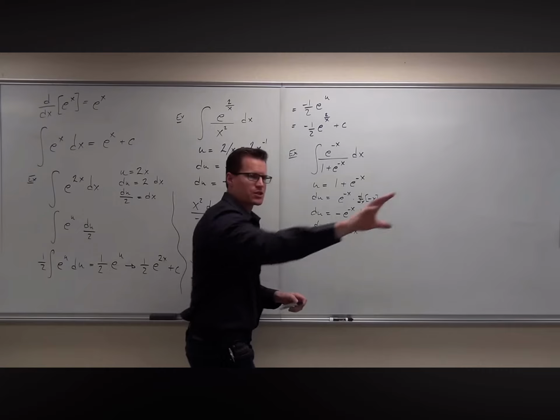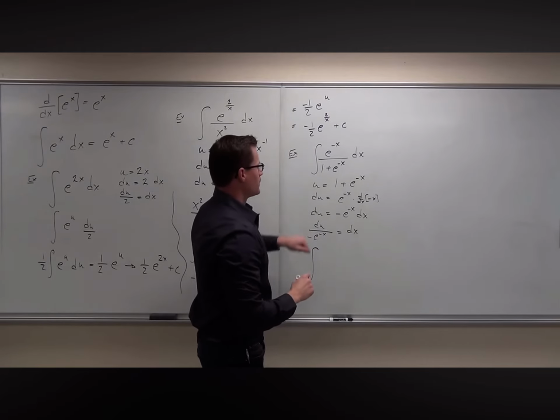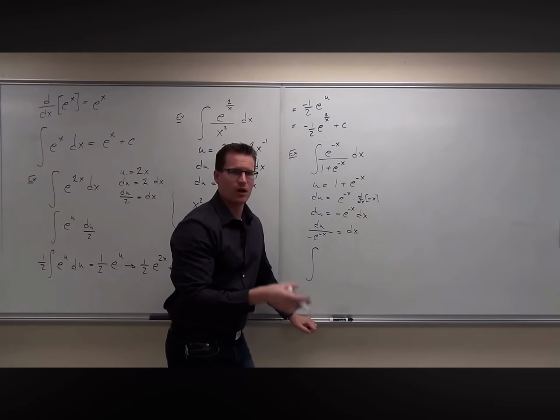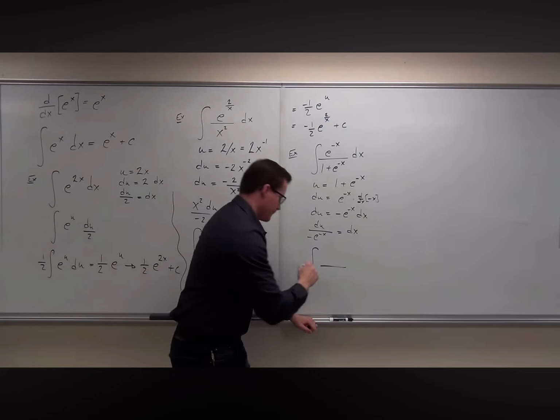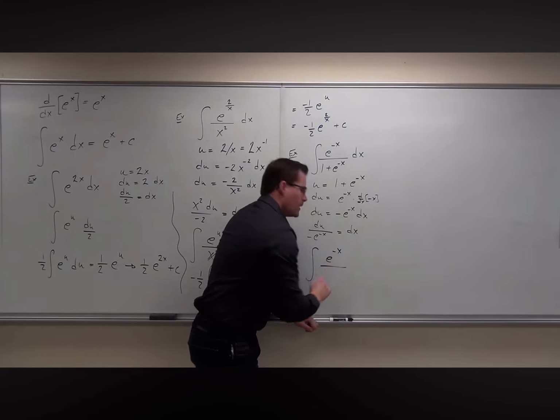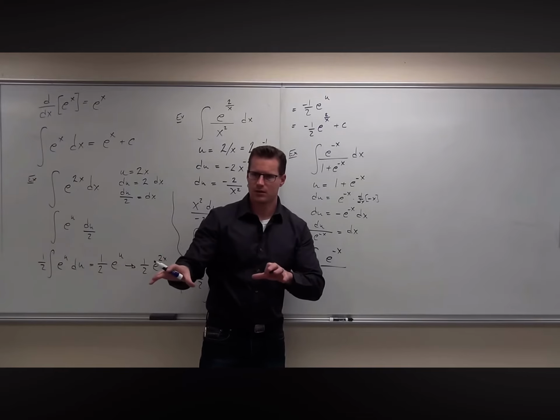So why don't you tell me, just left side people, you guys over here, tell me please what is on the top of my integral. It depends on the way you do it. For the way I'm doing it, what's on the top of my integral right now? E to the negative x. How about on the bottom of my integral, what am I going to have there? You can say it out loud.